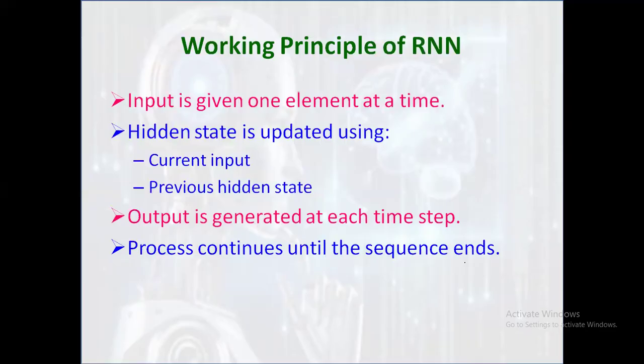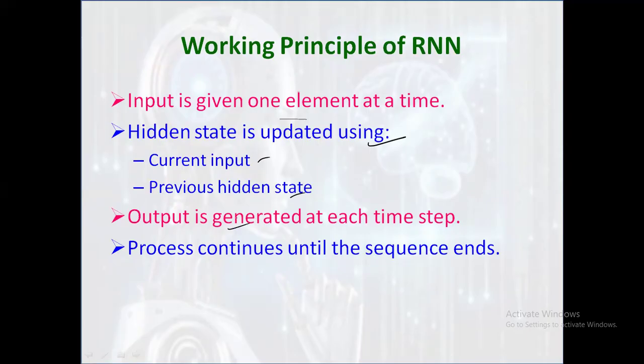Next, what is the working principle of RNN? We'll see this here. The input is given one element at a time. That means the RNN processes sequences step by step, and the hidden state is updated using the current input and the past hidden state. The model updates its memory continuously, and the output is generated at each step.